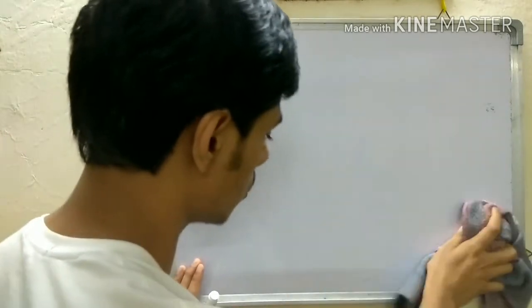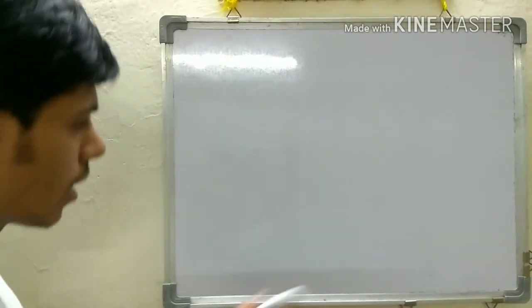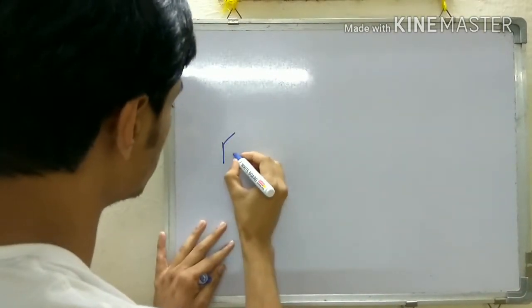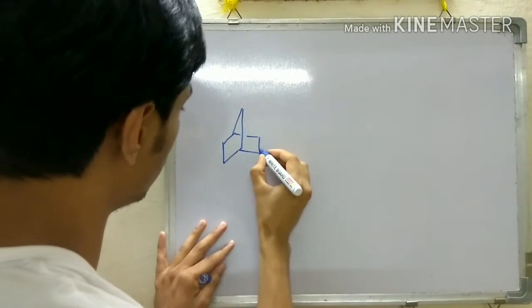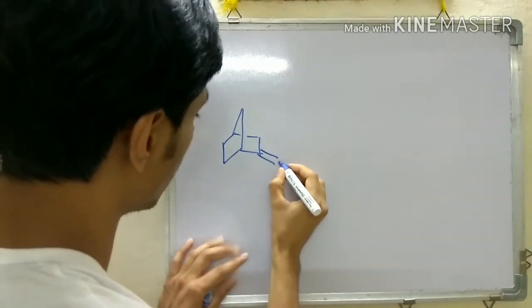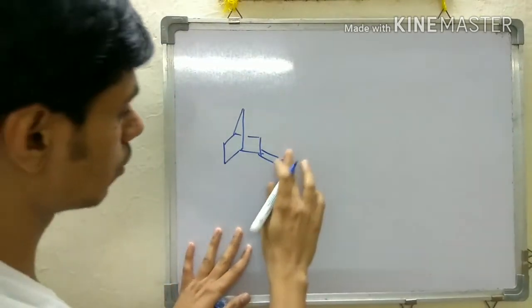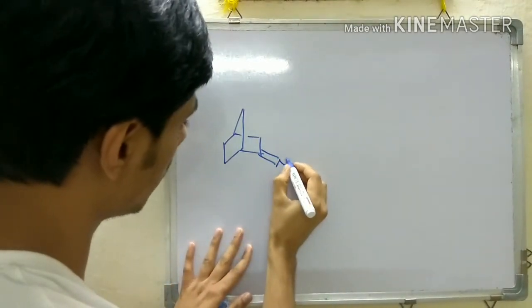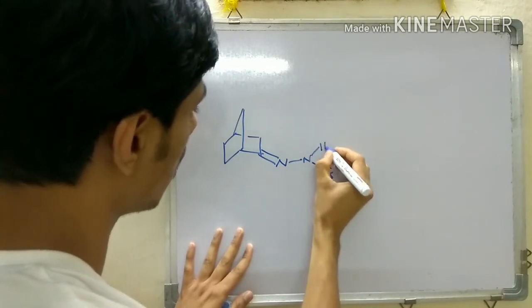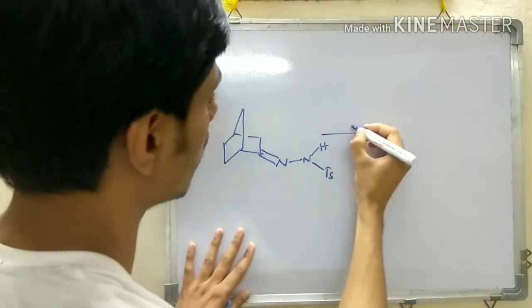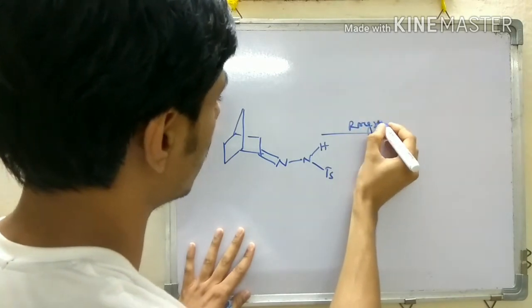Another important reaction which also came in CSIR exam, from Shapiro reaction, is this one. So here you have a carbonyl group. This carbonyl group is first made into this tosyl hydrazone, and then it is reacted with say RMgX.